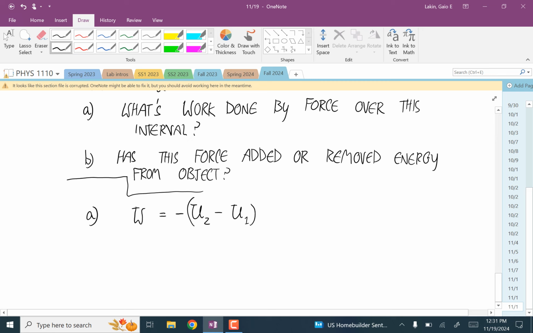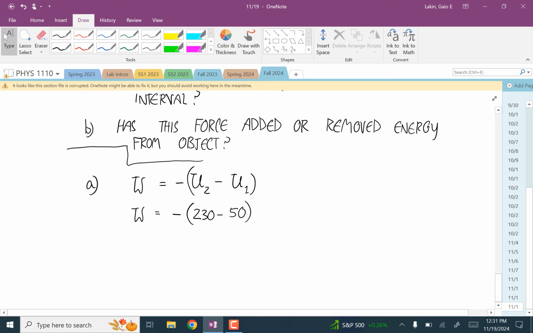That's what the change in potential energy means. So this work is negative 230 joules minus the starting potential energy, which was 50. And so the work is equal to negative 180 joules.